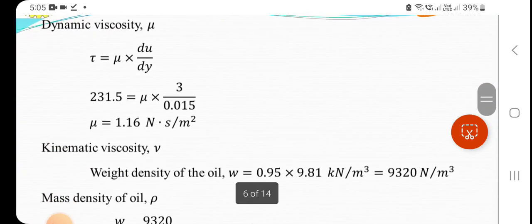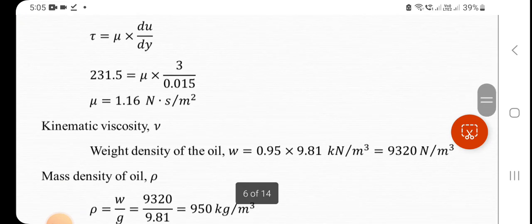Next is dynamic viscosity mu. We know the relationship between the shear stress, dynamic viscosity, and change in velocity with respect to distance. We know the shear stress. We know du by dy. So we can find the dynamic viscosity. Mu is equal to 1.16 Newton second per meter square.